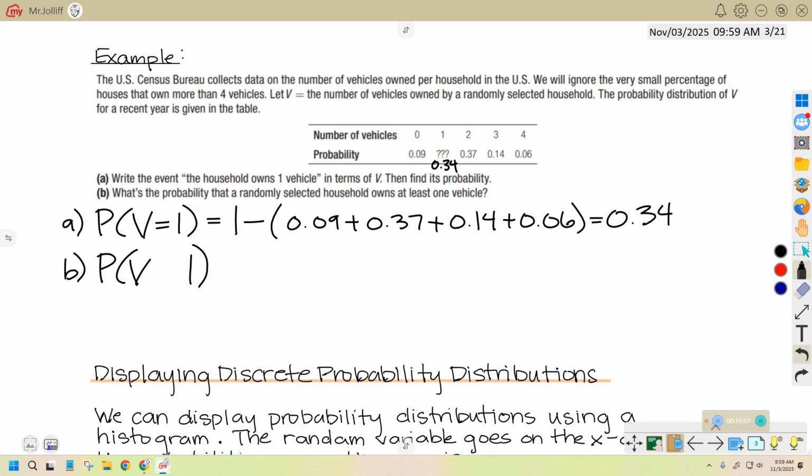What math symbol represents at least 1? Greater than or equal to. Very good. At least means greater than or equal to. 1 is included, everything bigger than 1 is included. So this here, in my probability distribution, are these outcomes here.